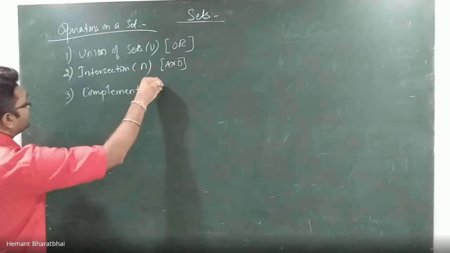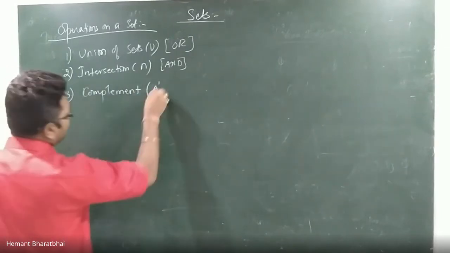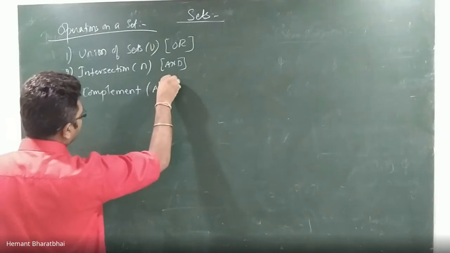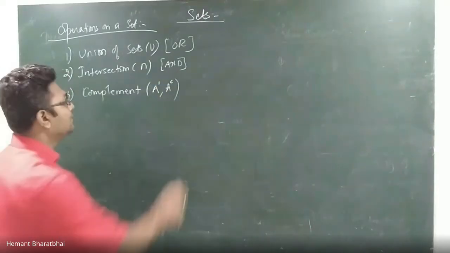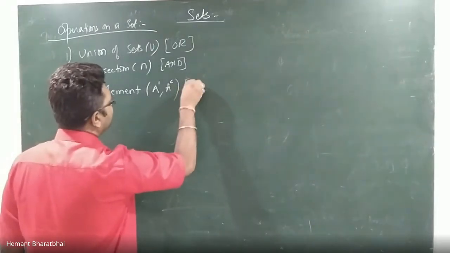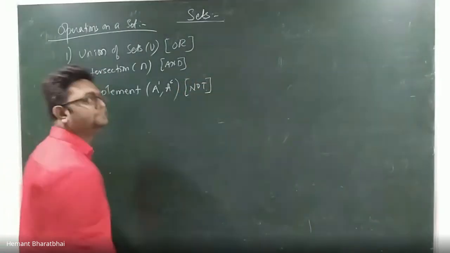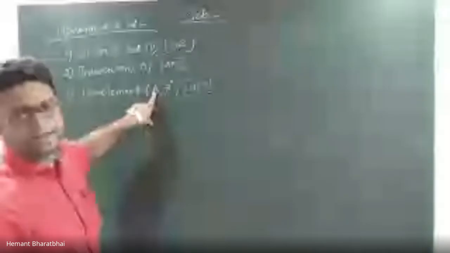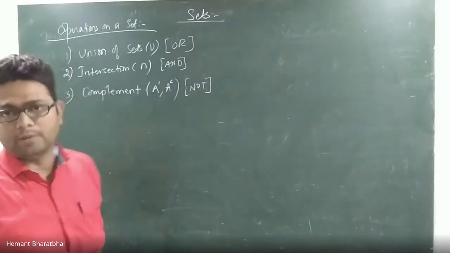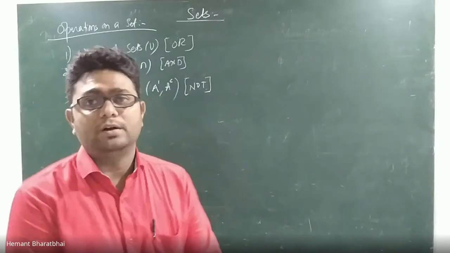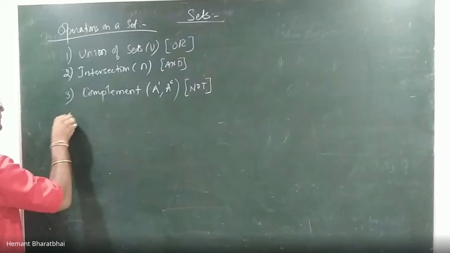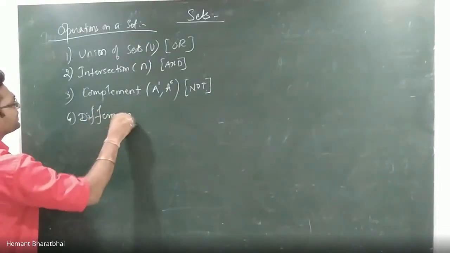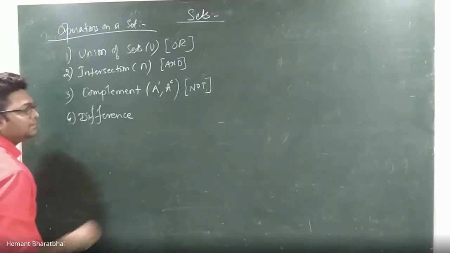It is denoted by A dash, whatever the name of the set, you write a dash, or you write it as C. It means not set A. Complement means not. Then the next operation is the difference of sets.